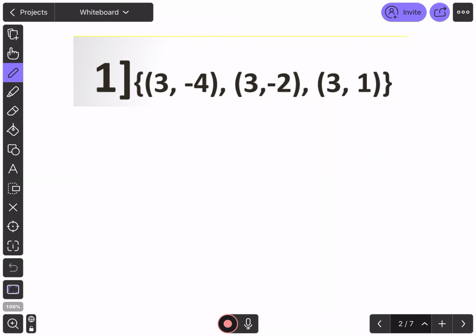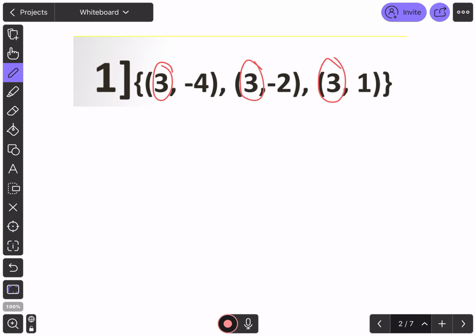Here in our first problem, we see ordered pairs. 3, -4, 3, -2, 3, -1. Take a look at the x values. Ask yourself, do the x values repeat? The x values are all 3's.